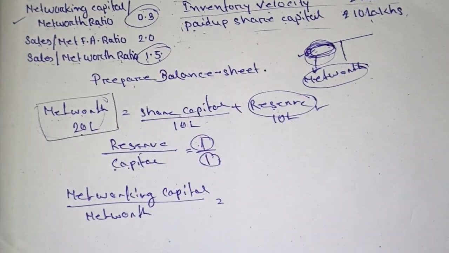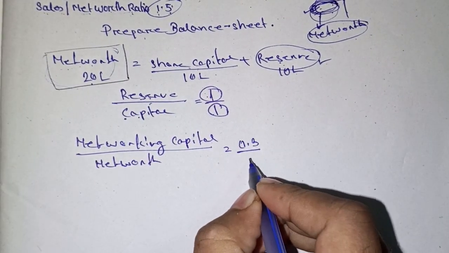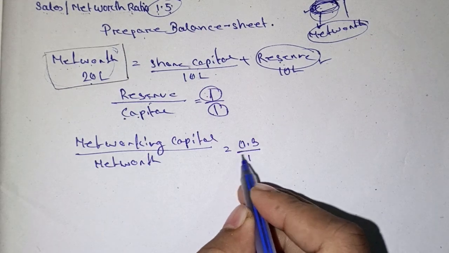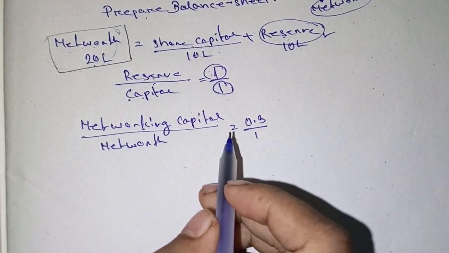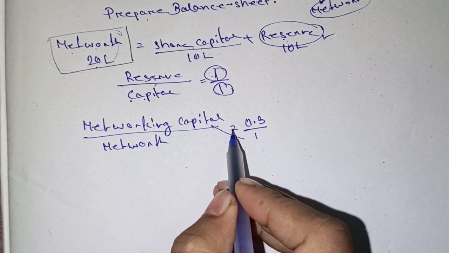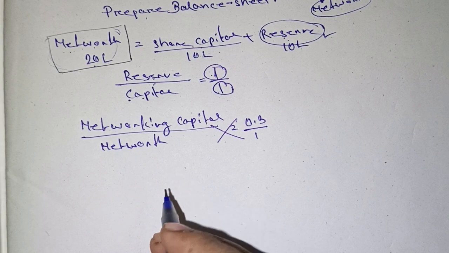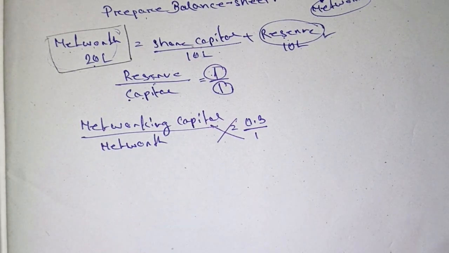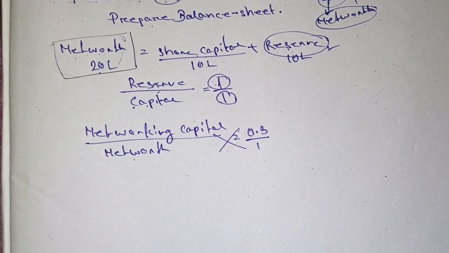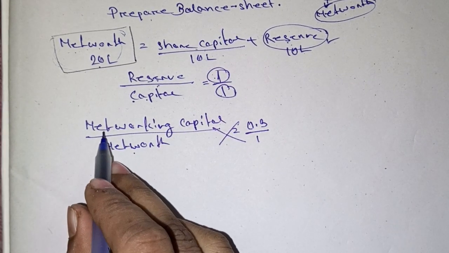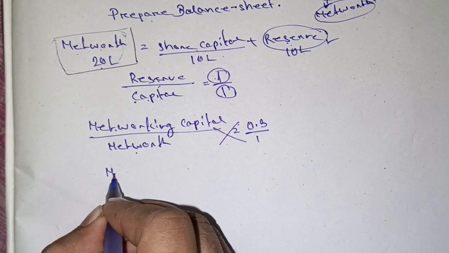So write it here, 0.3 divided by 1. If nothing is there, then you can assume 1. Then cross multiplication. Cross multiply means cross multiply. Then put your net worth value here. Net working capital is missing, so write it as it is.